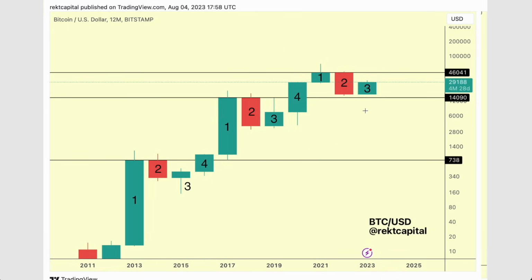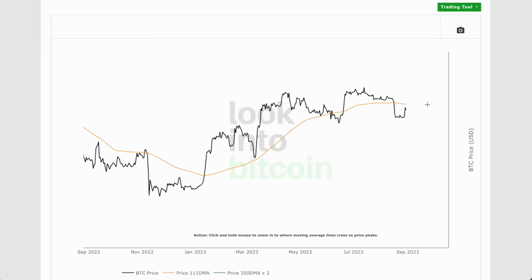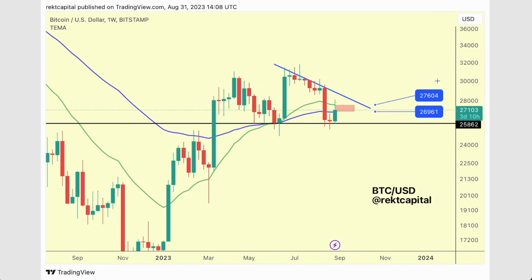So until the pi cycle top is able to reclaim this level, that's going to be a bullish signal, but it's also going to be quite difficult to fully hold this as a support until we get into candle 4, and watching for support retest here in candle 4 would probably be one of the safest and more confirmed signals that we might be emerging into a new trend, holding this pi cycle as a support and then emerging into a new uptrend. But in the meantime, could we see a bit more short-term bearish price action?